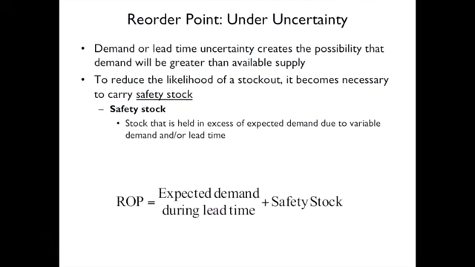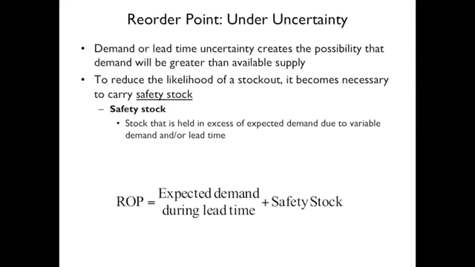So then you have the reorder point, that's your uncertainty. So sometimes your lead time or your demand time has uncertainty. So to reduce the likelihood of stock out, it becomes necessary to carry a safety stock.